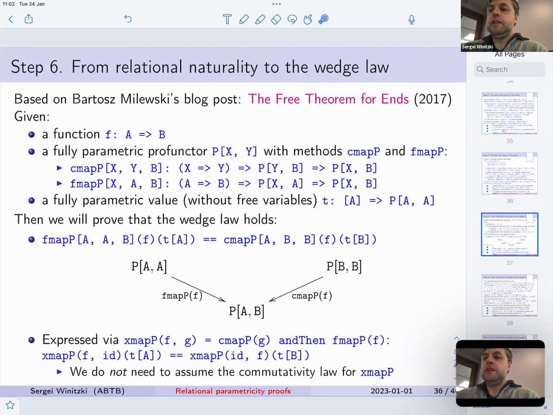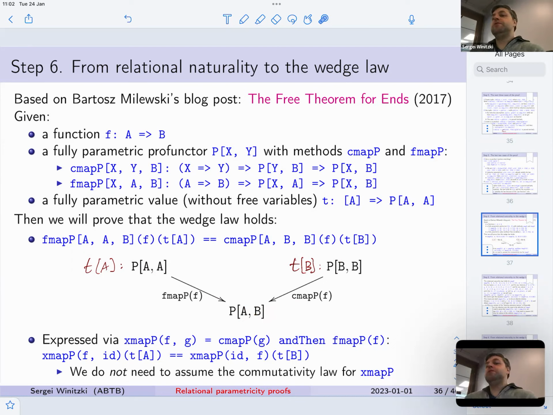These are t applied to A. So this is the same value t, which is applied to the type parameter A. It has this type. And the same value t applied to type parameter B has this type, and they must satisfy this equation. So when you transform this with fmap, then it gets you to some value of type P of A B. And when you transform this with cmap, it also gives you a value of type P of A B because B goes back to A here. And so those two values must be the same.